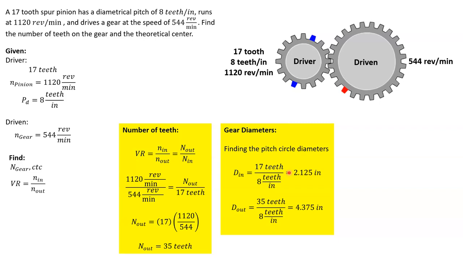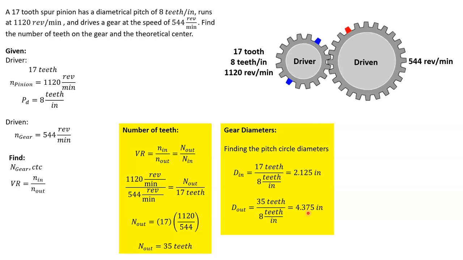So it's 35 teeth divided by 8 teeth per inch, which is 4.375 inches. And again, this is why you can use this type of information for the velocity ratio. It's the same ratio between the teeth. The input and output rotational speed, the number of teeth, and the diameters can all come into that same ratio with the velocity ratio.